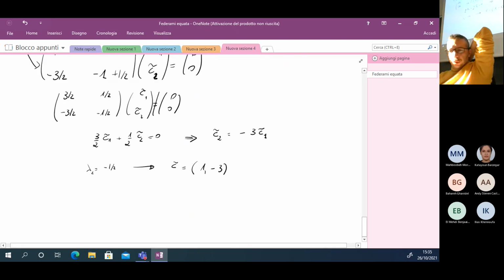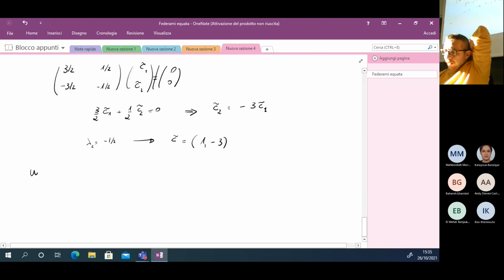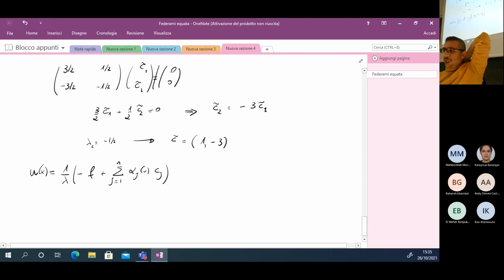Now, what I can do is to use, so basically we are trying to solve the Fredholm equation related to this kernel. u of x equals 1 over lambda times minus f plus the sum over j that goes from 1 to n of alpha j of x times c j.